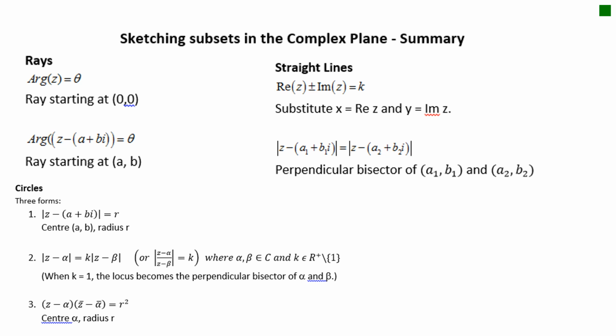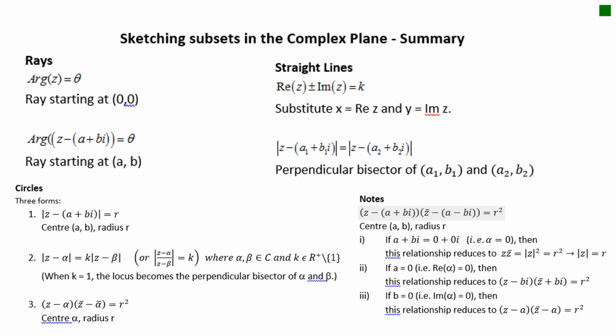Now here's that third case of a circle, and this is really handy to know, all these shortcuts, when you're dealing with multiple choice questions. You can home in on an answer very, very quickly. If it's of the form (z minus alpha) times (z bar minus alpha bar) is equal to some r squared, you know it's also a circle of center alpha and radius r. Now just a little bit more on that.